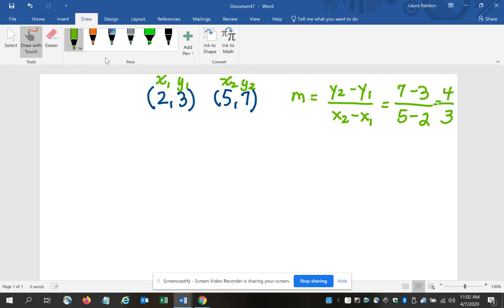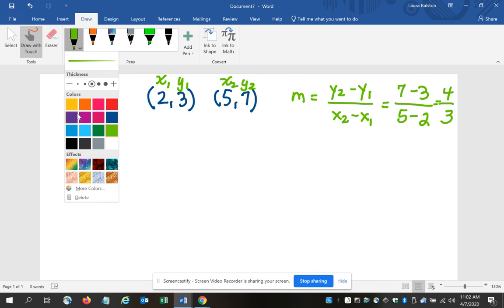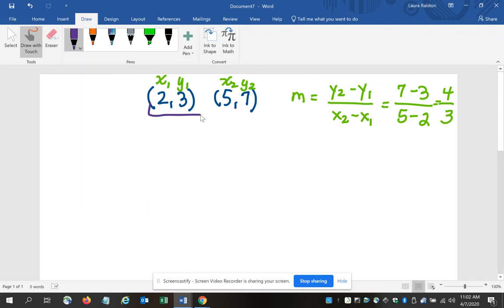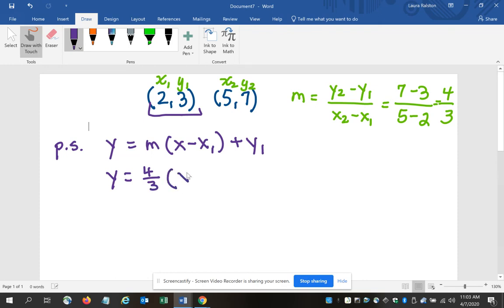So then I'm going to use that slope value that I just calculated and one of my points. I'm going to use the point (2, 3). It really doesn't matter. And I'm going to substitute into the point slope formula. So I have y equals 4/3 times x minus 2 plus 3.